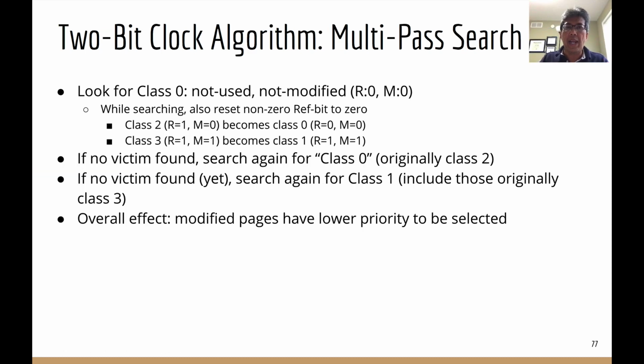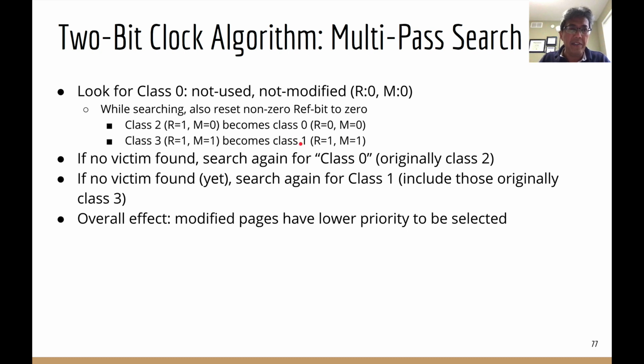So the 2-bit clock algorithm is essentially a multi-pass algorithm. During the first pass, it will look for class 0, which are pages not used and not modified. But at the same time, while searching for class 0, it will change any reference bit that is not 0 to 0, effectively turning pages of type 2 into type 0 and pages of type 3 into type 1.